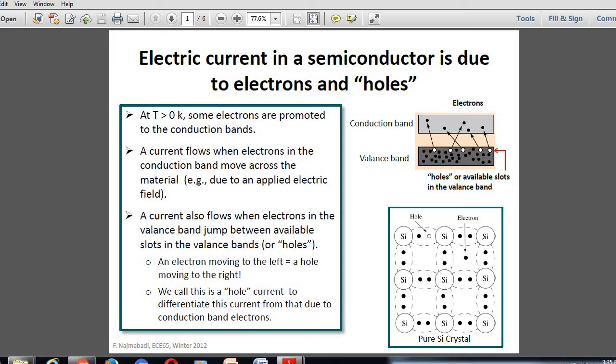Okay, this is the structure of the silicon atom. The best examples of semiconductors are silicon and germanium. Here you see the silicon atoms are bonded with another silicon atom using covalent bonds, as each has 4 valence electrons. Combining a large number of silicon atoms, we get the silicon crystal.